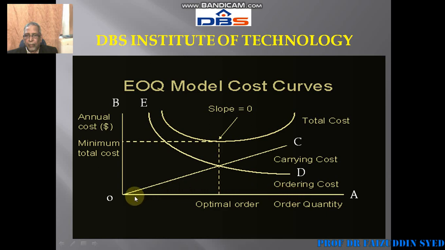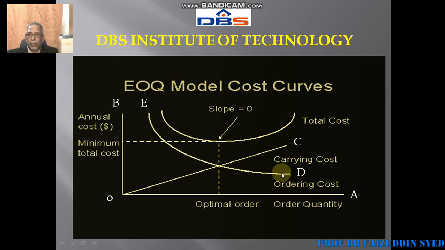Suppose you draw a horizontal line from C to OB, it will intersect OB at a point. This is called the minimum total cost.